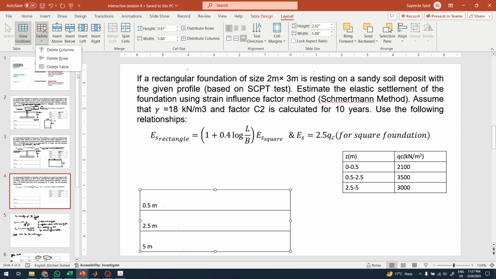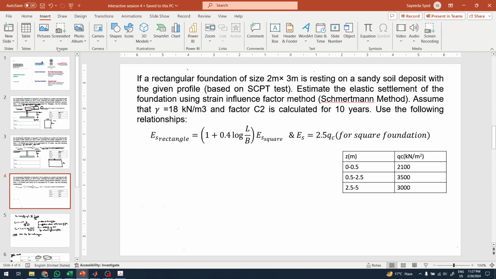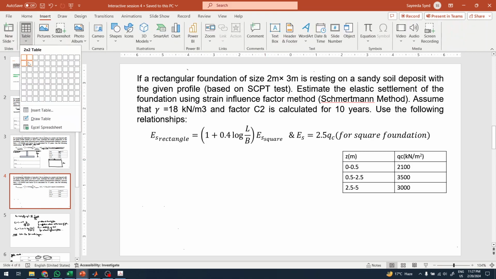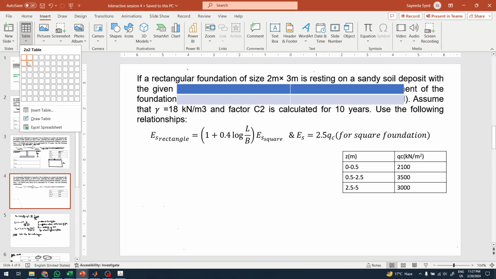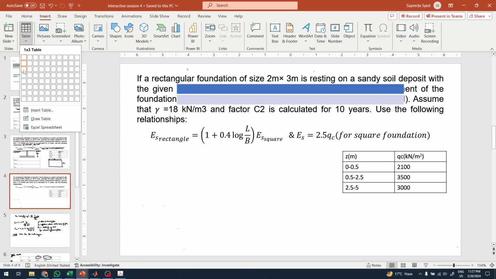Okay, so let us draw a table. We need a row for our depth, we need a row for QC, we need a row for E square, then we need a row for E rectangle.